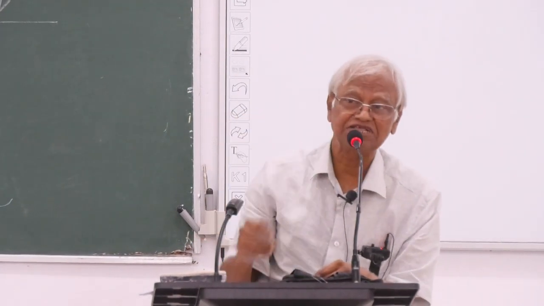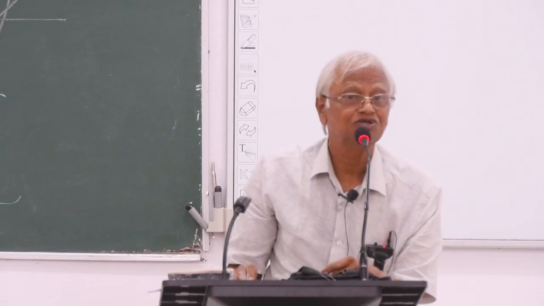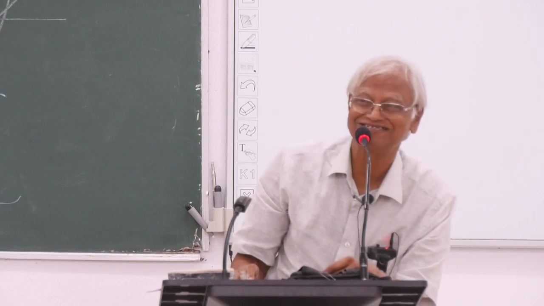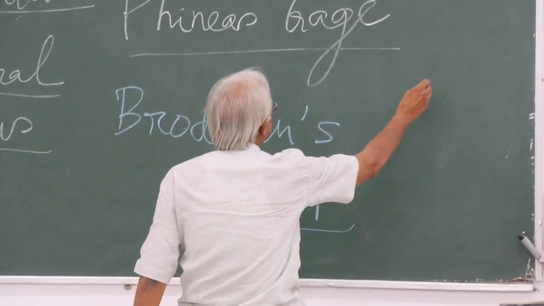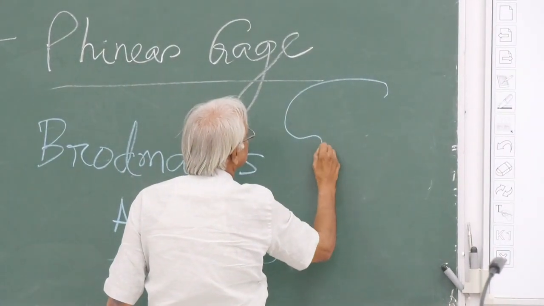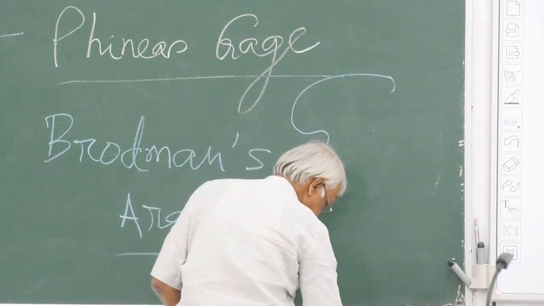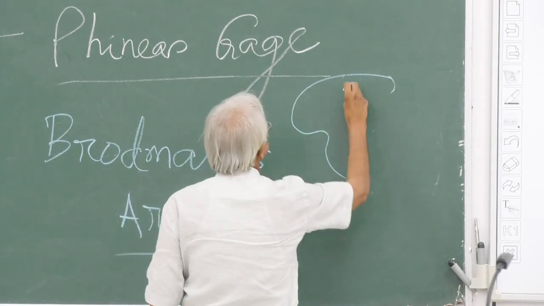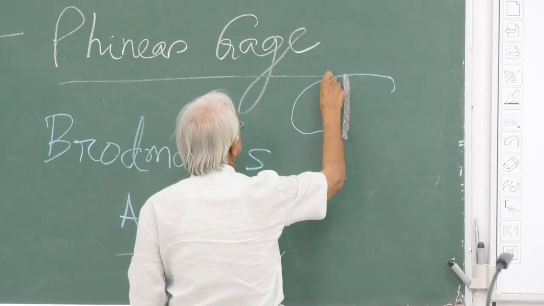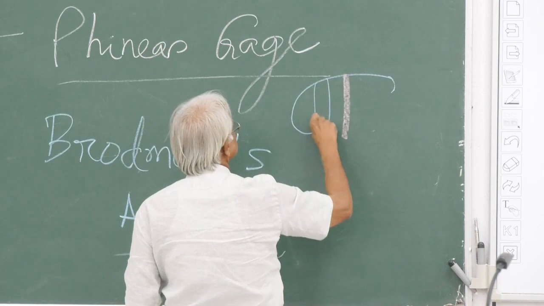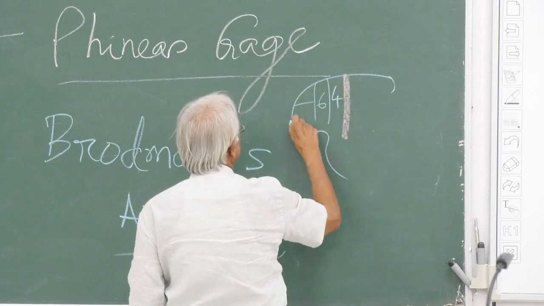In front of the precentral gyrus, there is another area called not 5, but area 6. So if this is the frontal cortex, this is the central sulcus, this is area 4, this is area 6.